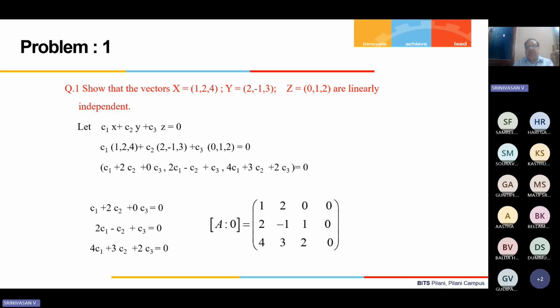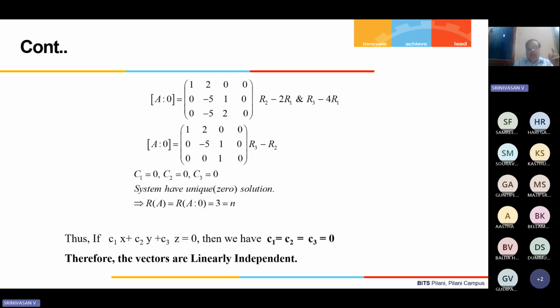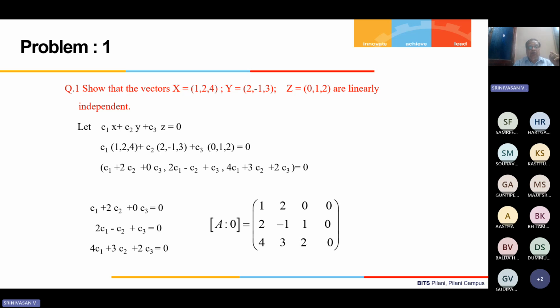Say x1, x2, x3, y1, y2, y3, z1, z2, z3, isn't it? Therefore, there are 3 components. In the linear combination, you have the 3 unknowns, C1, C2, C3.